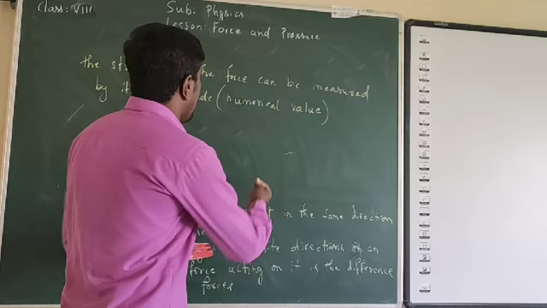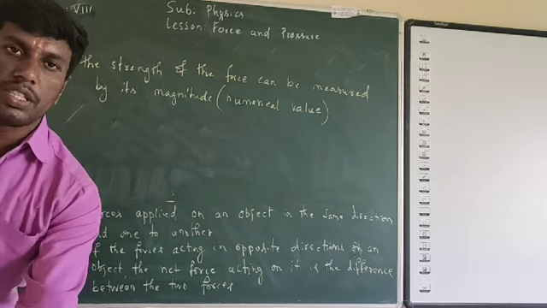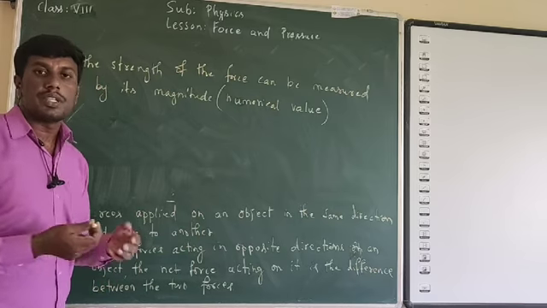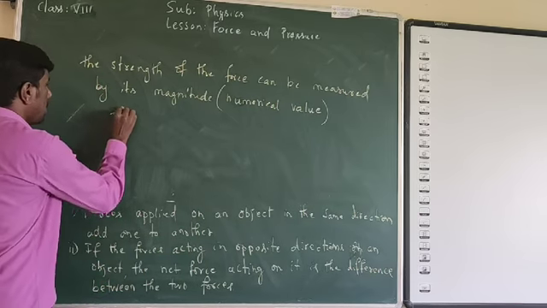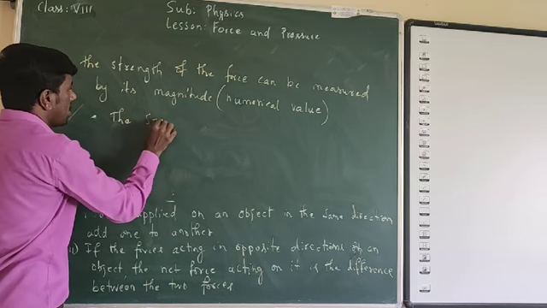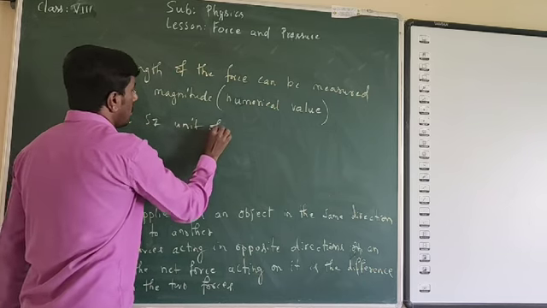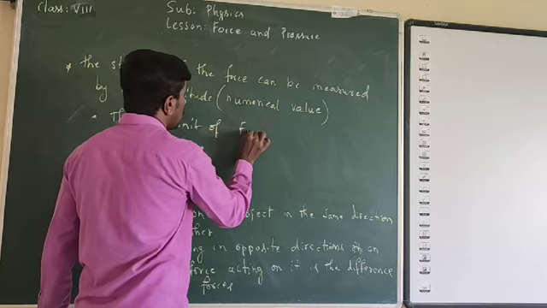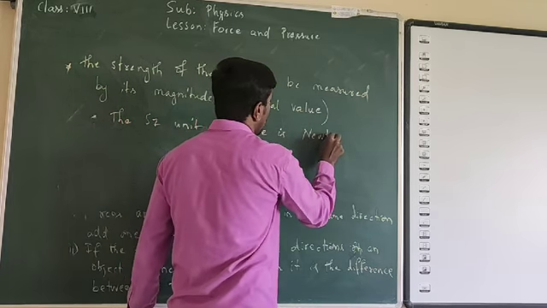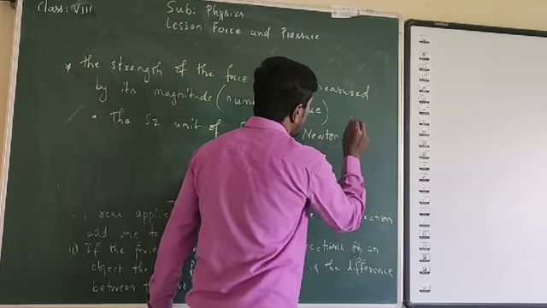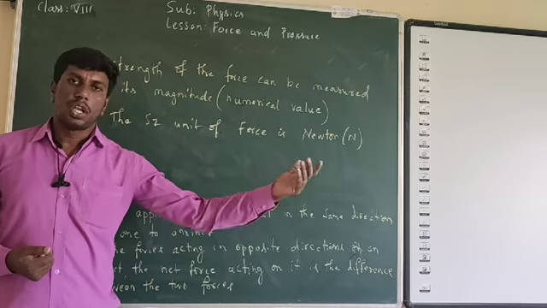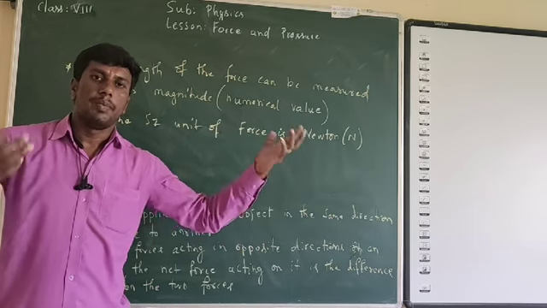Okay. Now let us learn what N is. N is nothing but Newton, which is the SI unit of force. The SI unit of force is Newton, denoted by capital N. So, whenever we say how much force you have applied, you should tell me the numerical value.